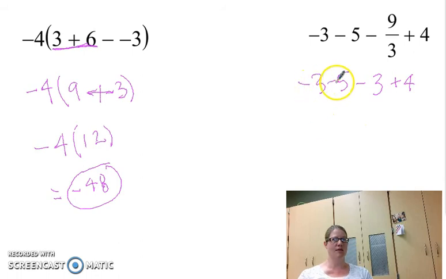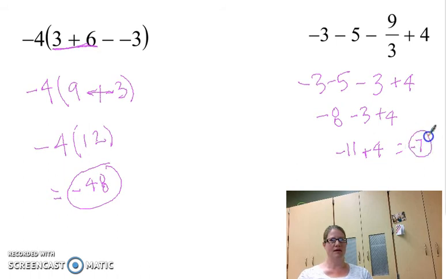So negative 3 minus 5 is negative 8. Negative 8 minus 3 plus 4, just keeping everything again. And then negative 8 minus 3, a negative plus another negative makes a bigger negative, so negative 11 plus 4. And then negative 11 plus 4 would give me a negative 7. So that one would be negative 7.